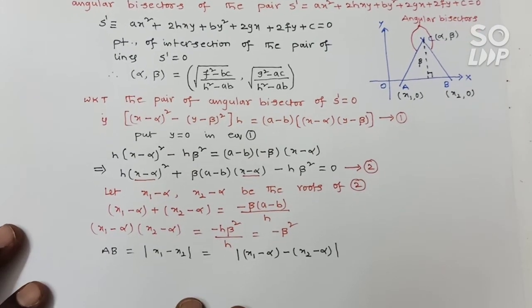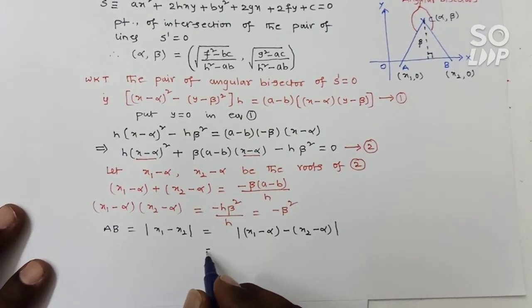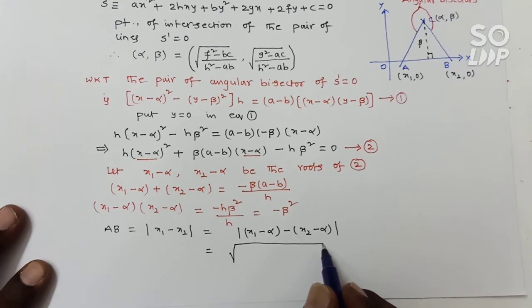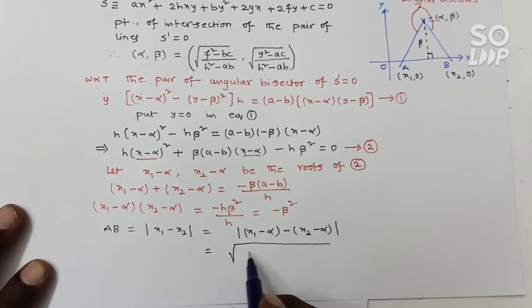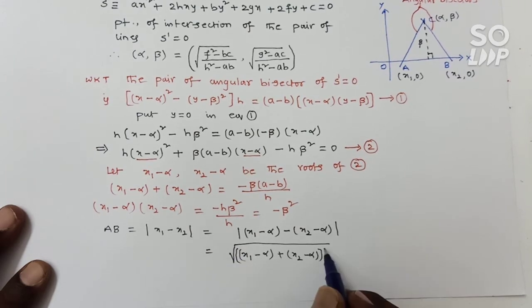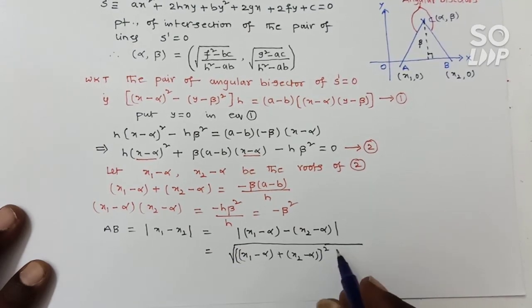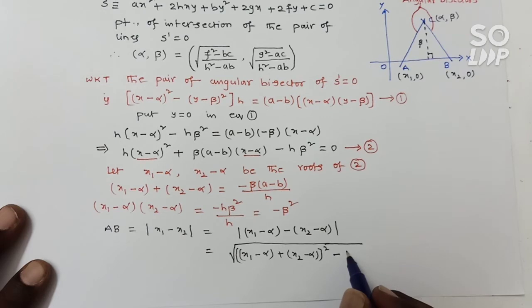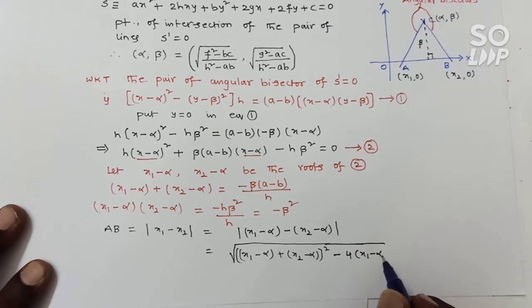You know, the a minus b form will be equal to the square root of (a plus b) whole square minus 4 into a into b. That is, (x1 minus alpha plus x2 minus alpha) whole square minus 4 into (x1 minus alpha) into (x2 minus alpha).